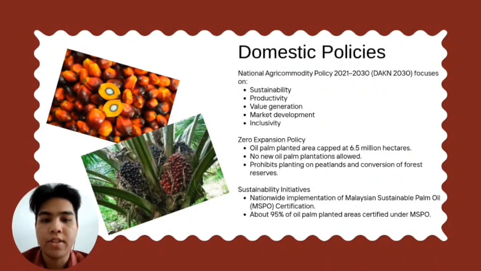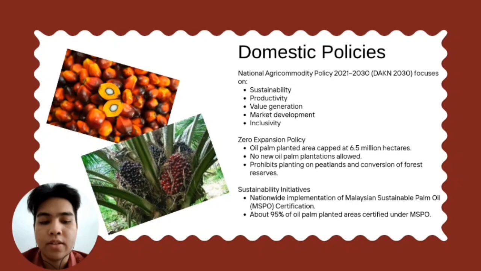As for the domestic policy, the National Agro-Commodity Policy 2021-2030 focuses on sustainability, productivity, value generation, market development, and also inclusivity. The government also focuses on the zero expansion policy, which is oil palm planted area kept at 9.5 million hectares, and also no new oil palm plantation allowed.